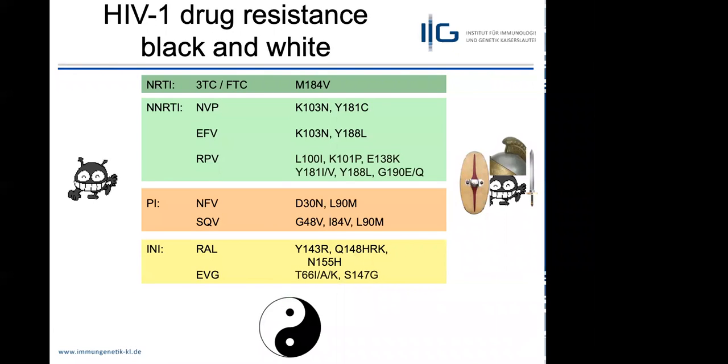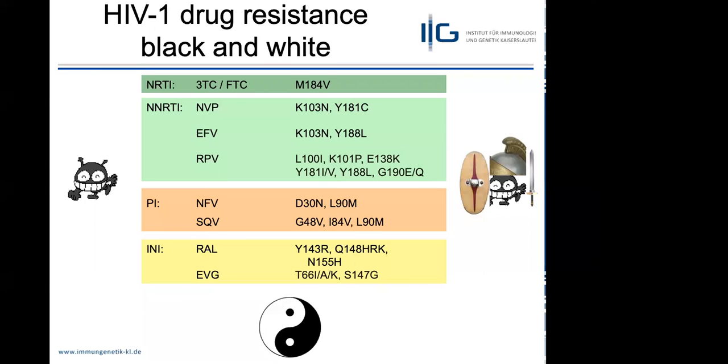So we are still talking about basics, and these basics are about drug resistance. For some of these drugs we are using, drug resistance is about yin and yang or black and white. So one mutation is totally sufficient to provide HIV with 100% drug resistance.